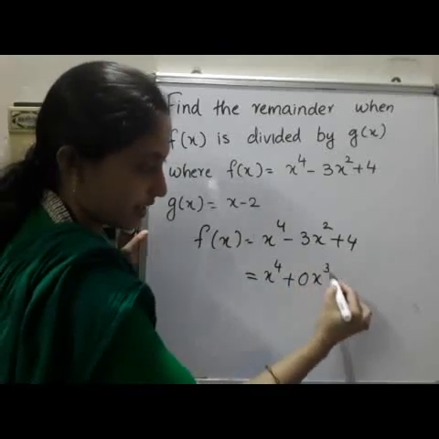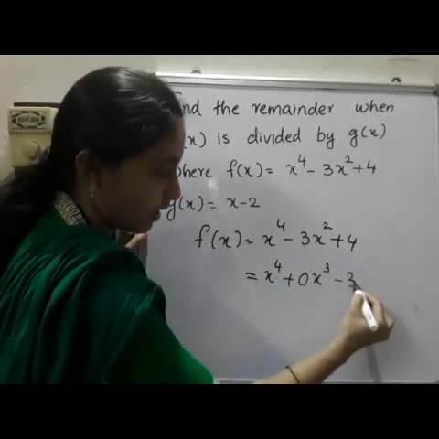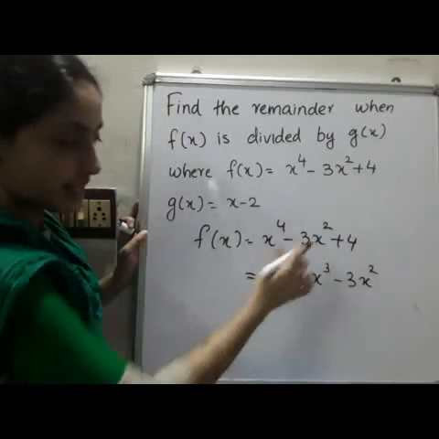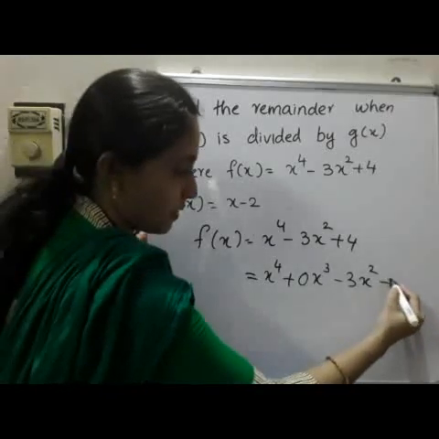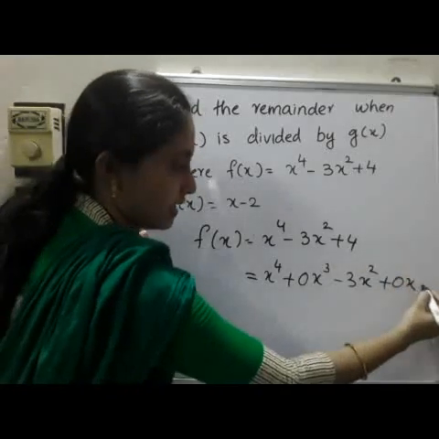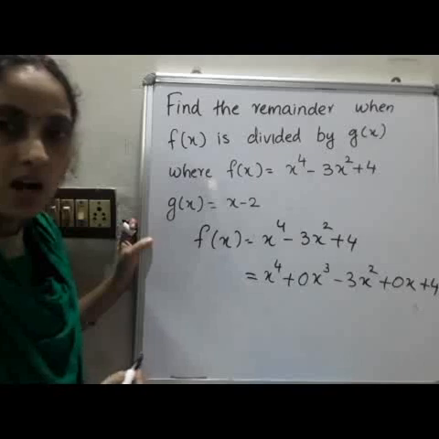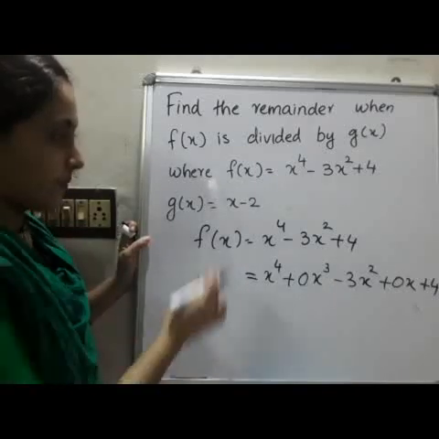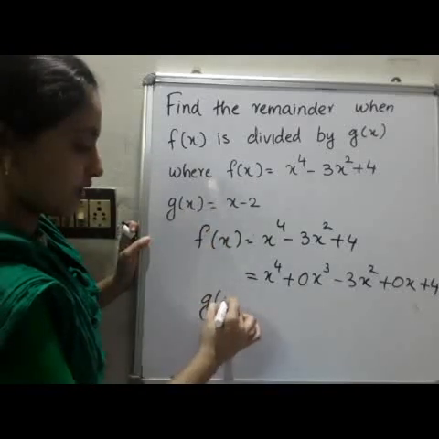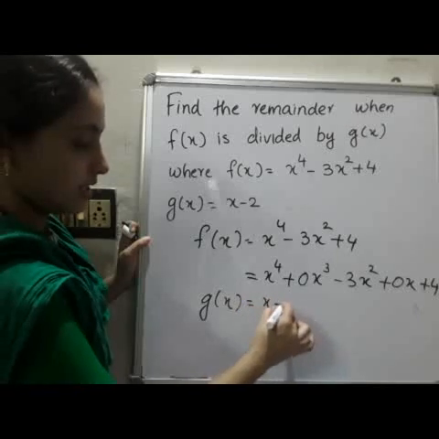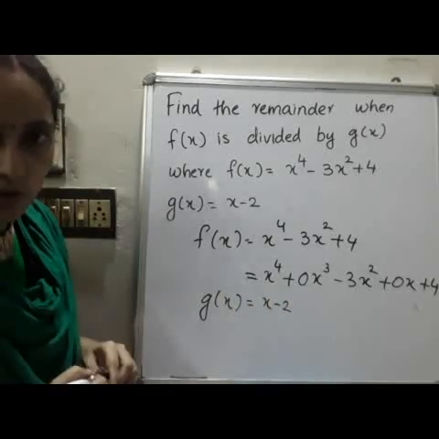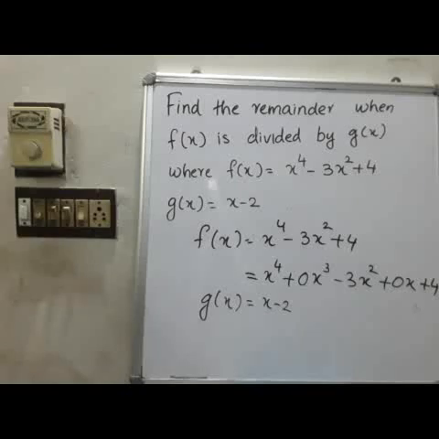Then power 2 is present, that is minus 3x square. Then is the x term there? No, so plus 0x. Then plus 4. This is our required polynomial. Then g of x is already given, that is x minus 2. Now you have to divide the polynomial. So listen here please.